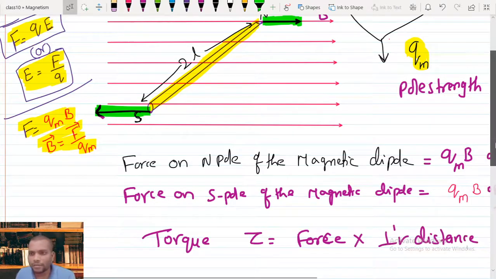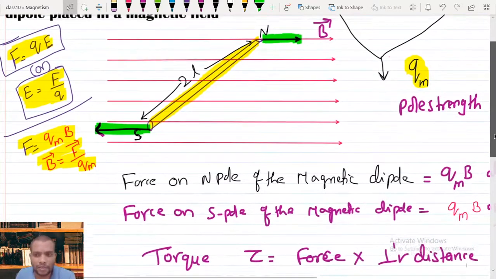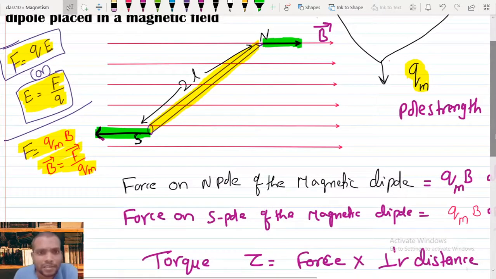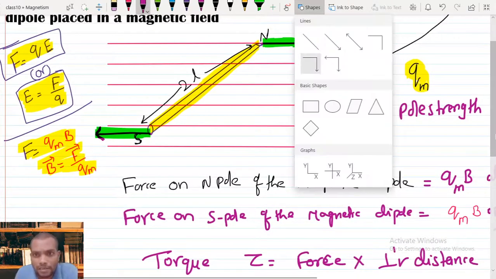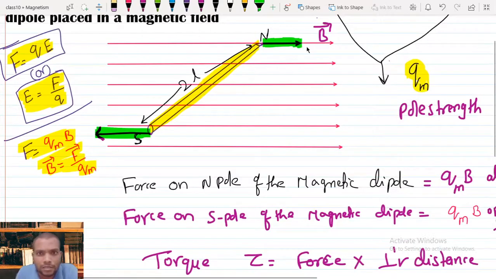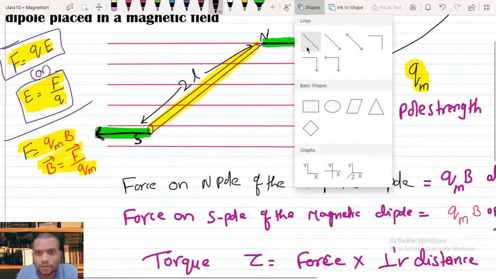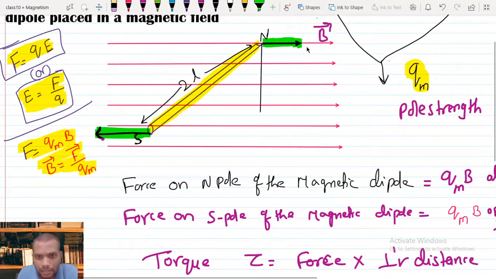Now here we need to get the magnitude of the force, which I already found, and we need to get the perpendicular distance. Perpendicular distance means if I draw a perpendicular across in the magnetic field, this becomes the perpendicular distance.